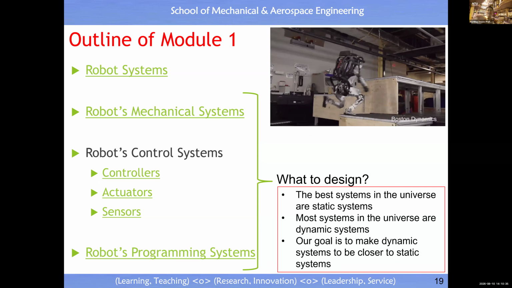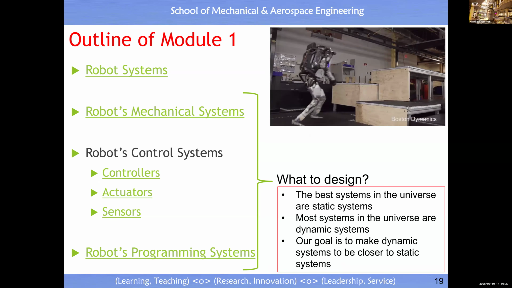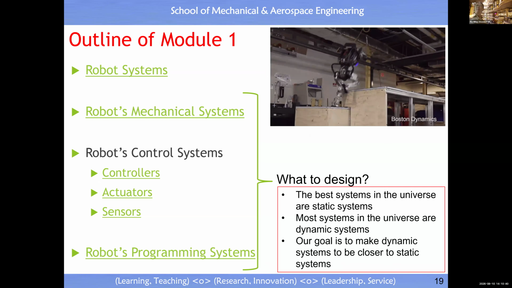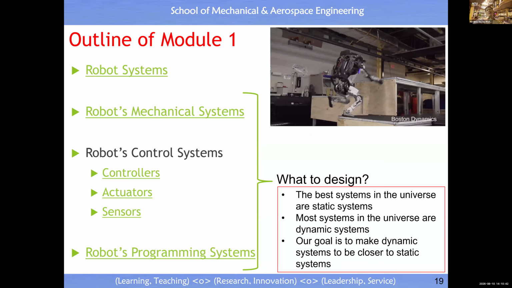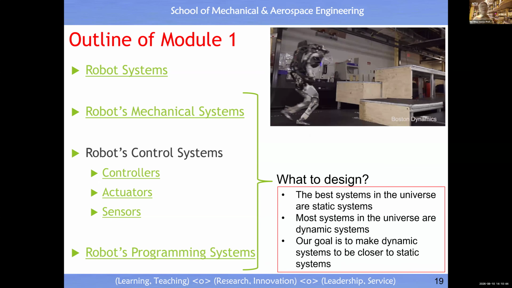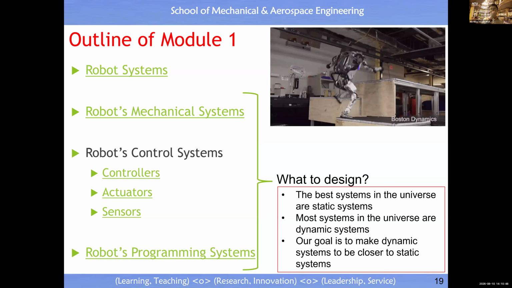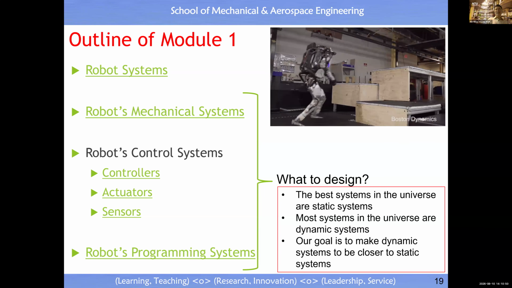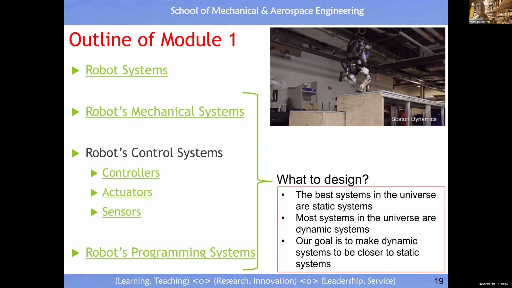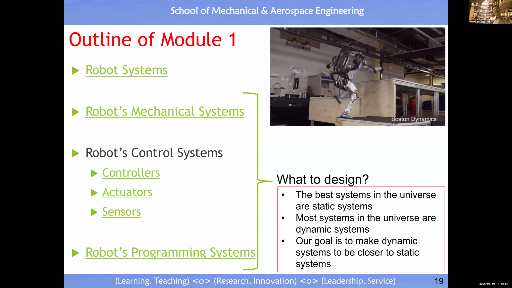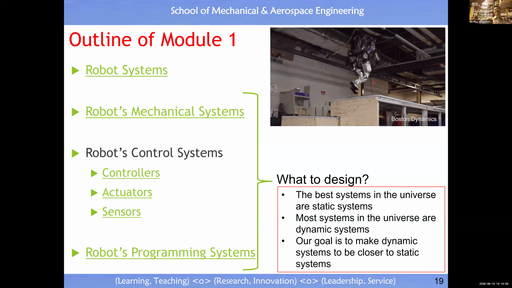This module is extremely important and heavy, because you have a lot of hardware and a lot of theory. So I help you to understand the hardware aspect of module 1, then the theoretical aspect will be taught by Amala in the second part of this course.